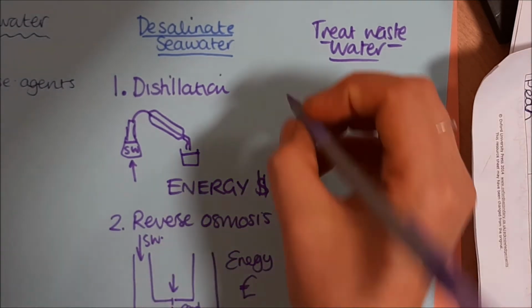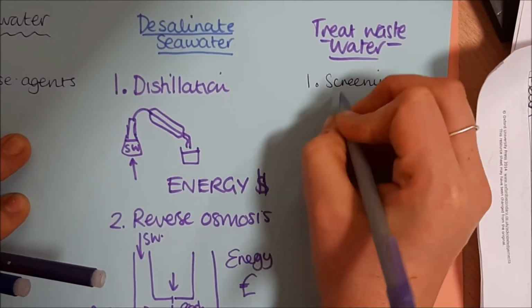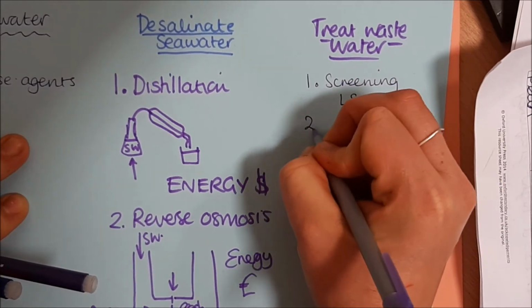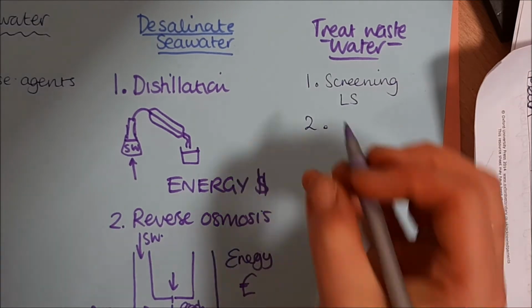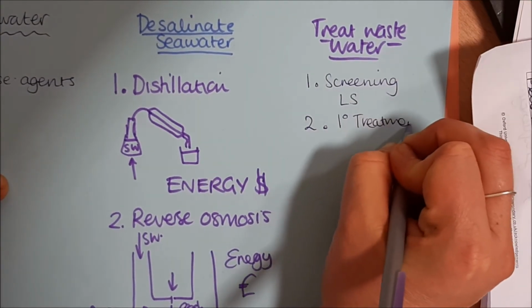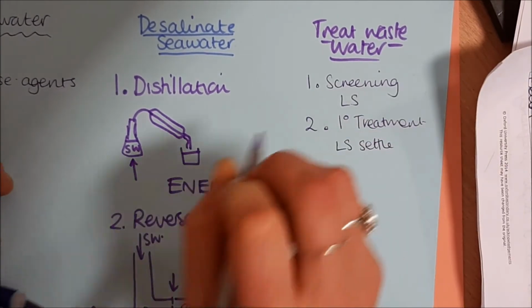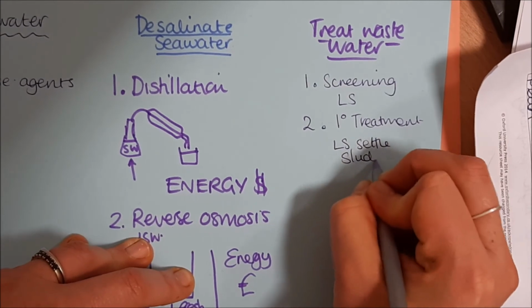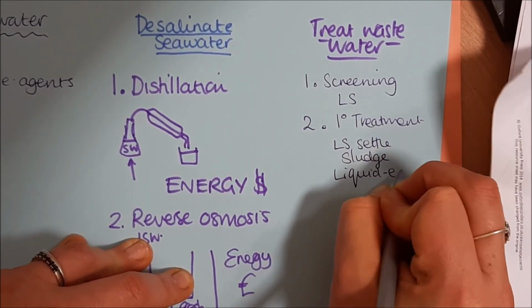Step 1 is screening, so all of the large solids are removed. Step 2 is primary treatment, where we let the solids settle and it becomes sludge. The liquid is now known as effluent.